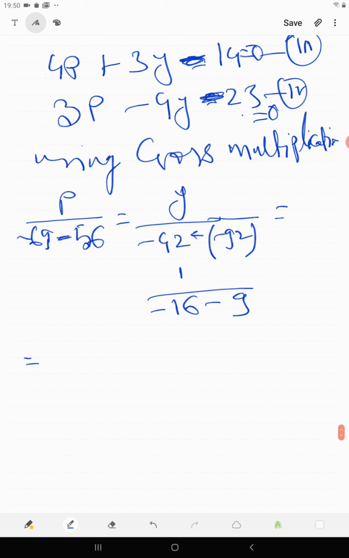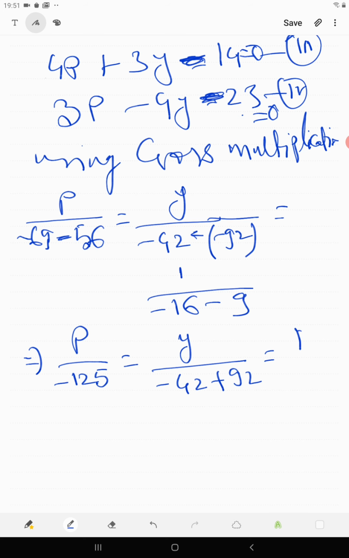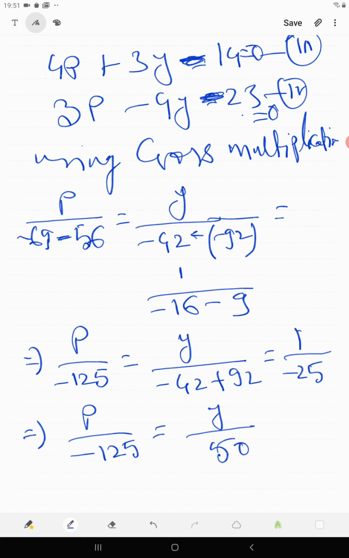So what we are getting is p divided by, if you add 69 and 56 that is 125, so it will be minus 125, equals y divided by minus 42 plus 92, equals 1 divided by minus 25. So p divided by minus 125 equals y divided by minus 42 plus 92, which is plus 50, equals 1 by minus 25.